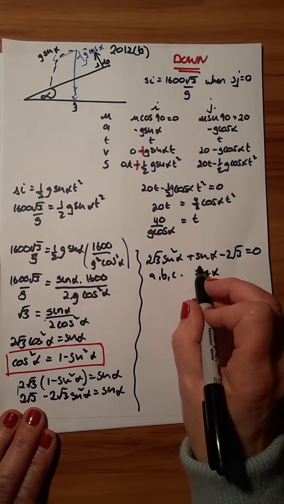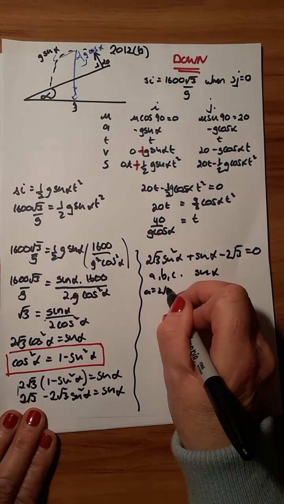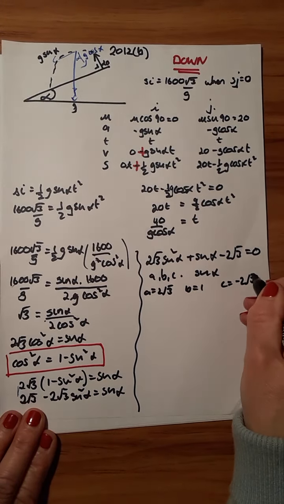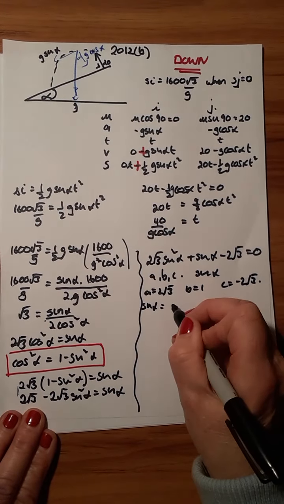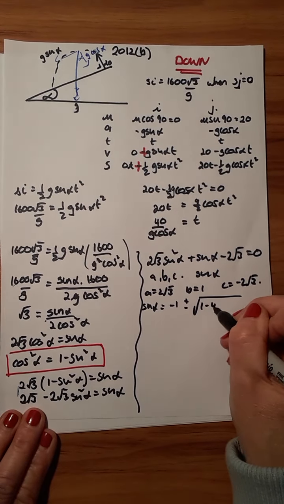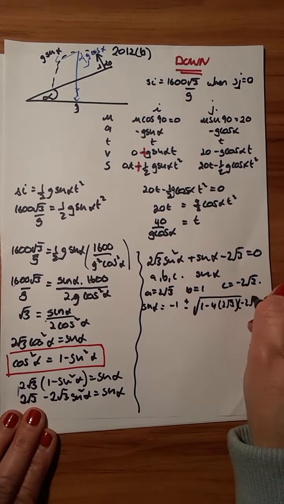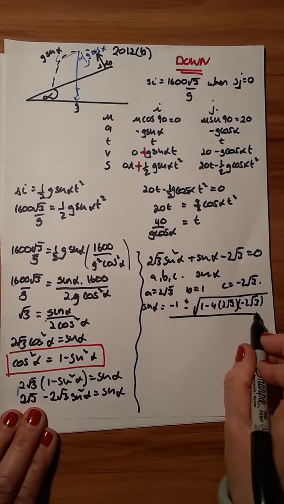Now of course a is twice root 3, b is 1, and c is minus twice root 3. So what is sine alpha? Sine alpha is equal to minus b plus or minus the square root of b squared minus 4 by a by c, all over 2a.